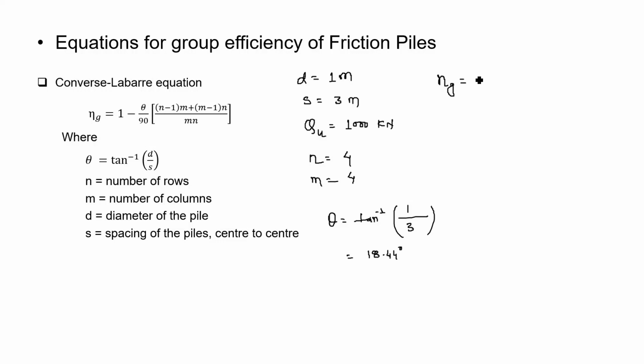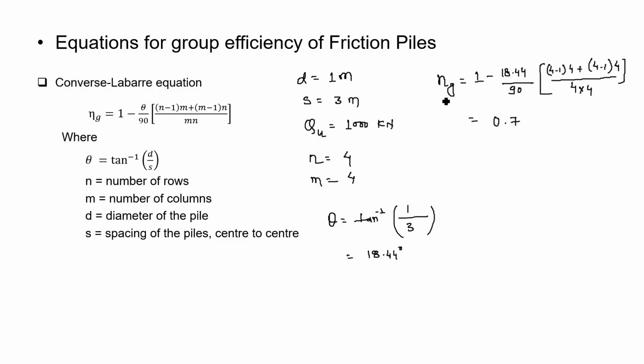Now compute efficiency: 1 minus 18.44 by 90 into (n minus 1), where n is 4, so 4 minus 1, into m which is 4, plus (m minus 1), 4 minus 1, into 4, divided by m into n, which is 4 into 4. When we compute it, we get efficiency as 0.7.